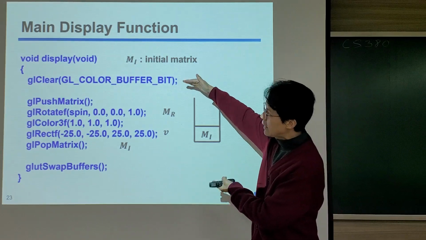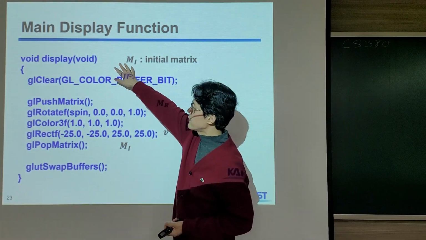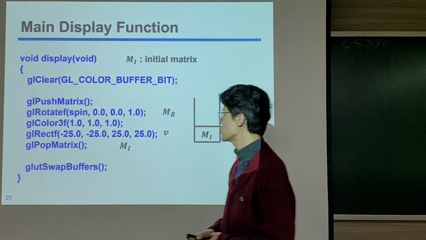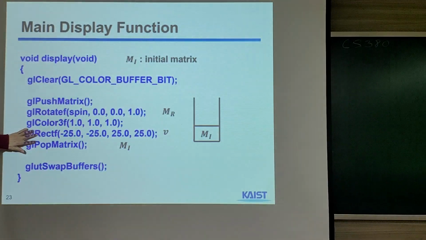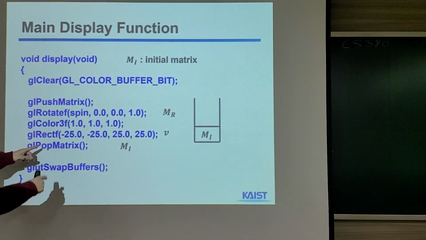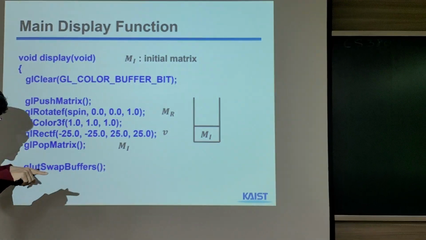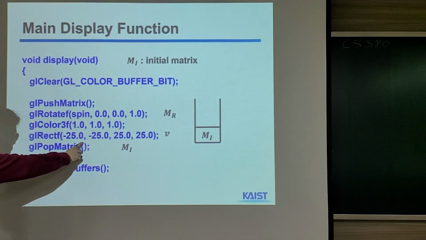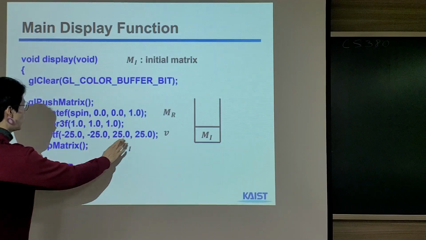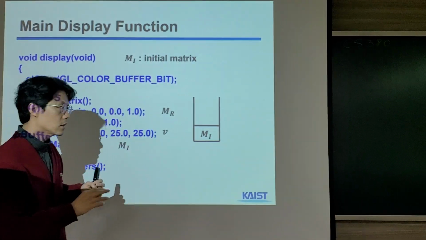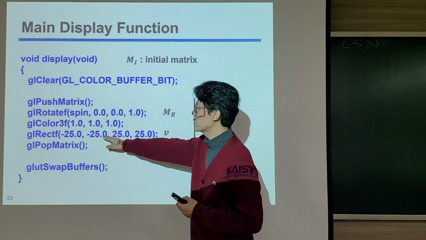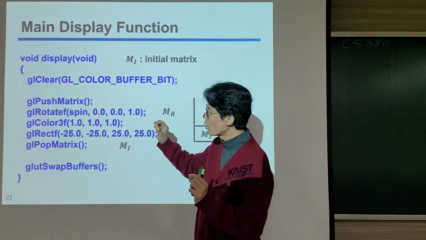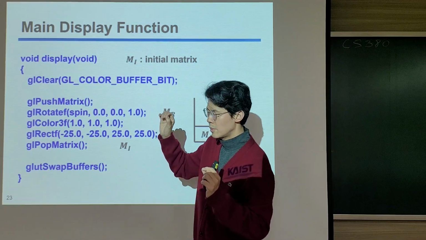Okay, so here I will just talk about some of the basic OpenGL functions. This main display function is nothing but drawing the rectangular shape, which is defined in this NDC space. This rectangle function draws the rectangular shape. I cannot remember exactly what the parameters are. It might be x and y and width and height, or the two coordinates from the bottom left to top right.